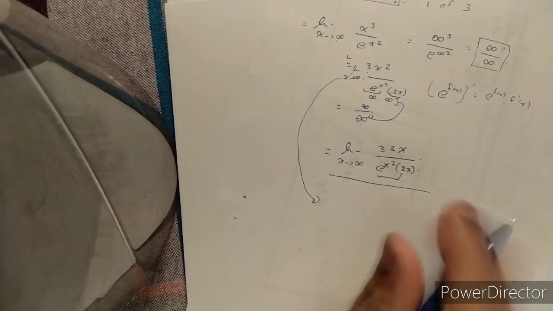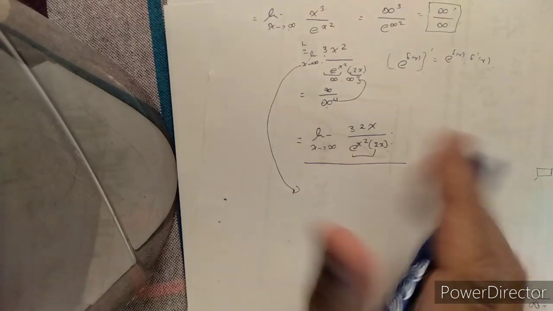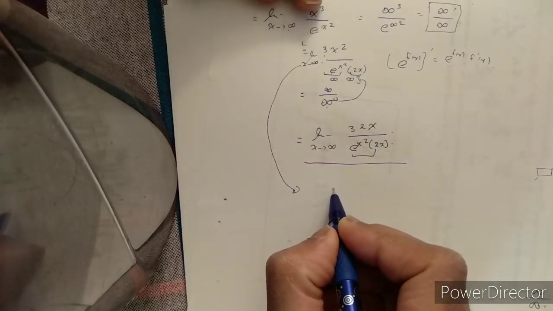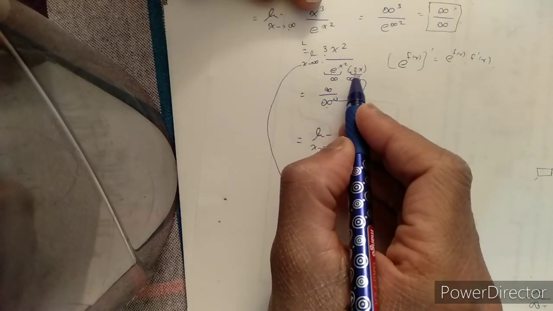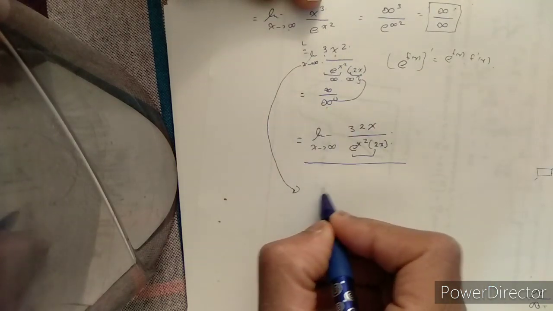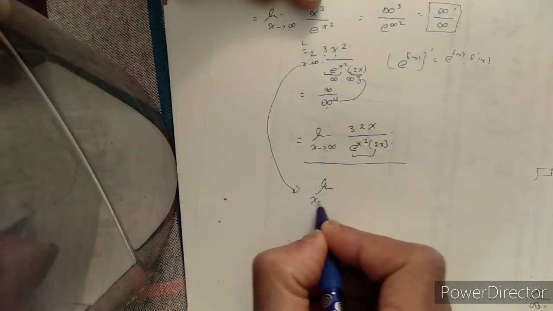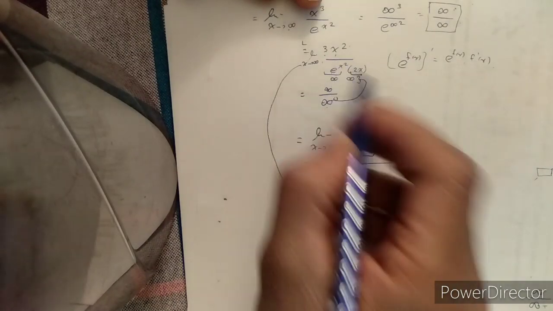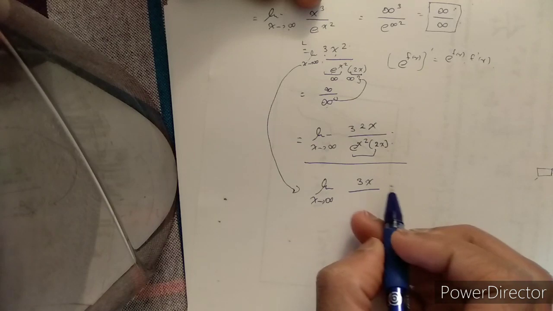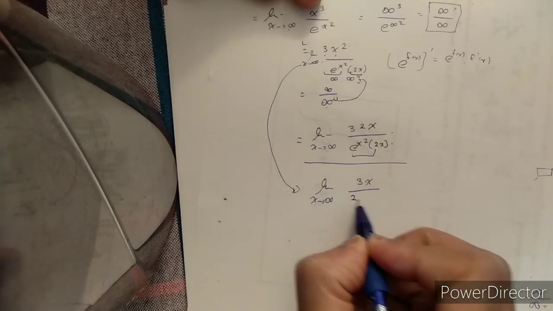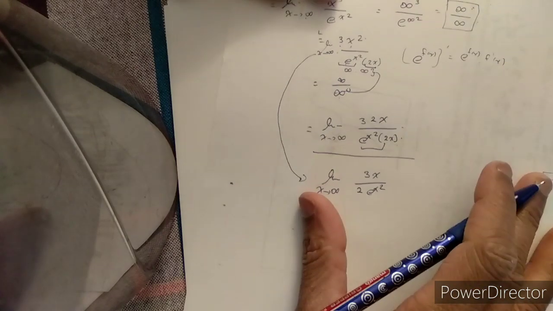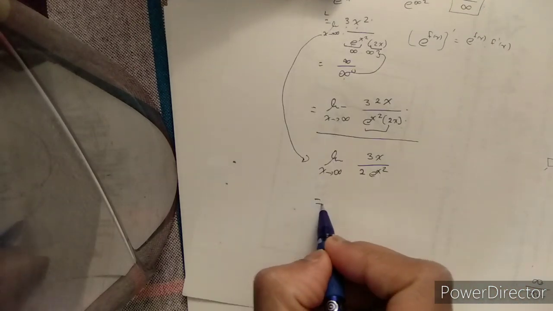I'm not applying L'Hopital's rule yet. I'm just doing some cancellations in the top and the bottom. Here you have a 2x term and you have an x squared term. So we can cancel the 2x terms in the top and the bottom, and you will have e to the x squared. Then we can use L'Hopital's rule.